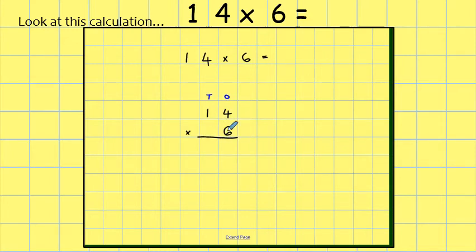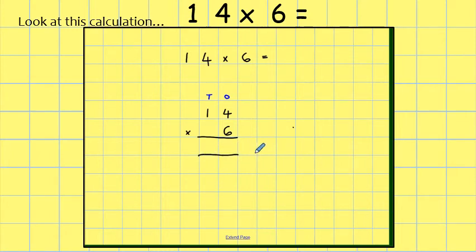And I'm multiplying that by 6. Now, we might not be secure in our 6 times table, but we know our 4 times table, don't we? So 4 times by 6: 1 lot of 4, 2 lots of 4. You can use your repeated addition: 8, 3 lots of 4 is 12, 4 lots of 4 is 16, 5 lots of 4 is 20, 6 lots of 4 is 24.